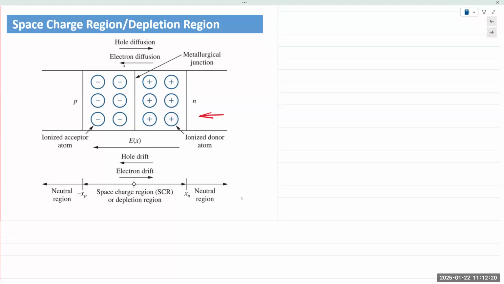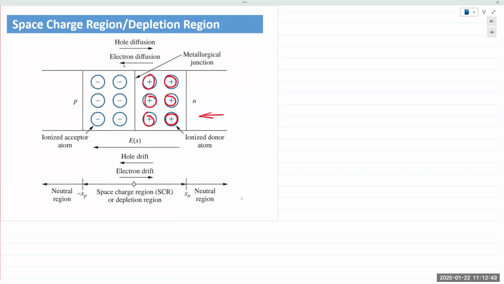Because it lost a negative charge, it has a positive charge left behind. But that positive charge, indicated here, is immobile. It cannot move. They are atoms that were diffused into our semiconductor material.